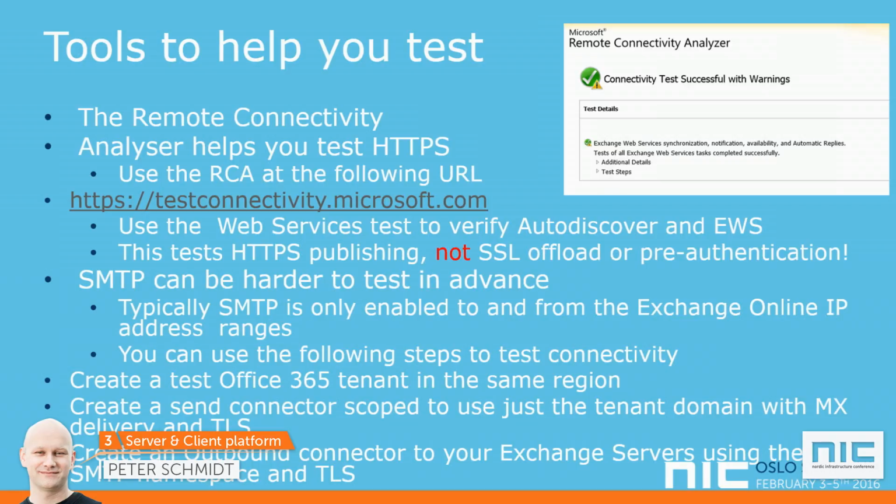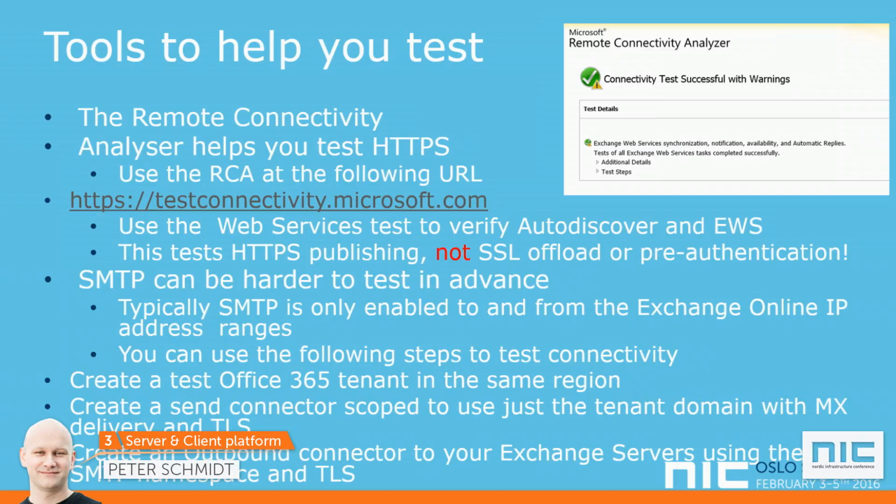We have some tools that can help us test for some of these things. A lot of you might already know the Remote Connectivity Analyzer from Microsoft, and we can use that to test at least the web services to make sure everything is all set for our hybrid. On the SMTP part, we can use either different tools or some telnet to make sure we can communicate.